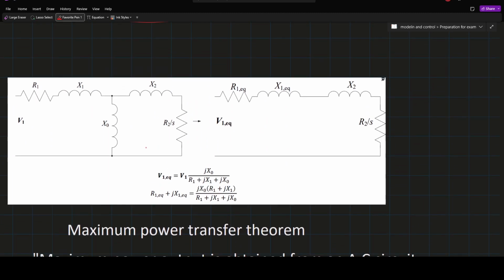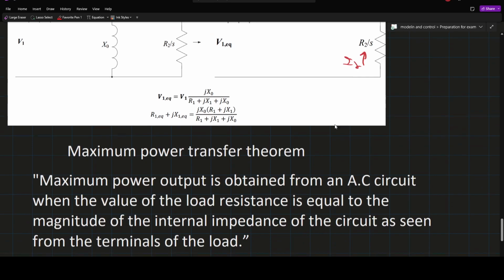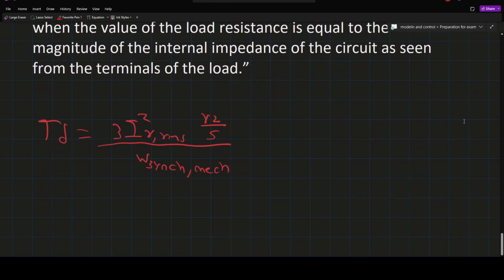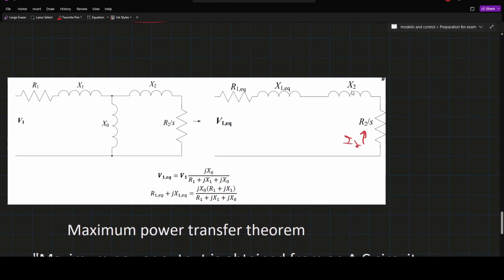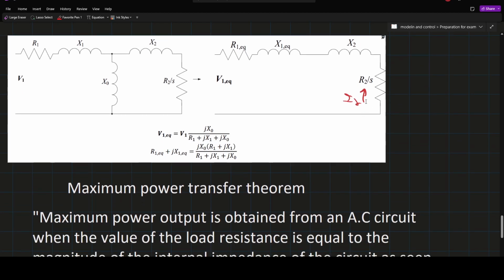So we know that this is the Thevenin equivalent, so IR is going to be equal to the voltage over these three resistors in series.